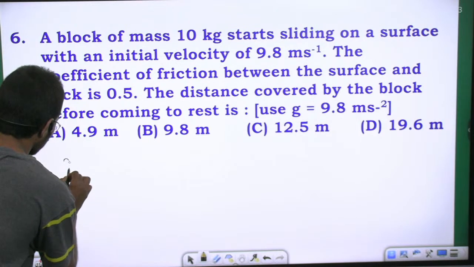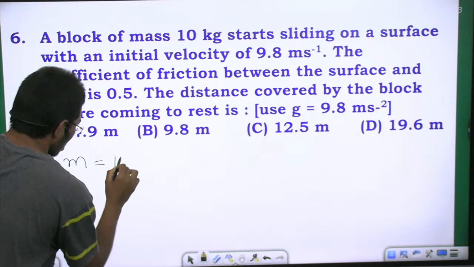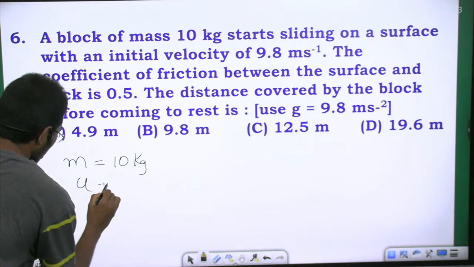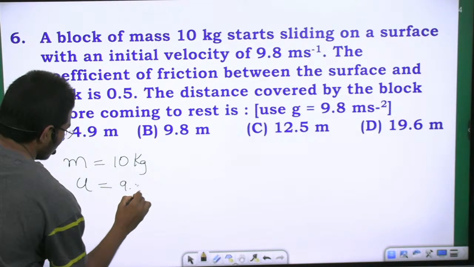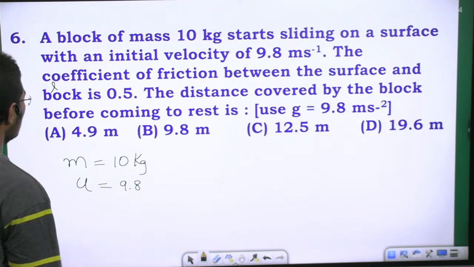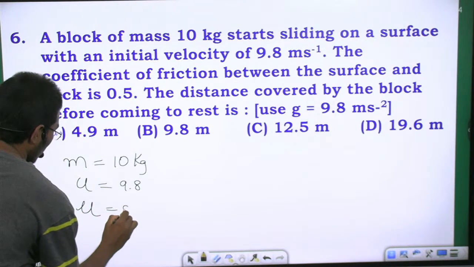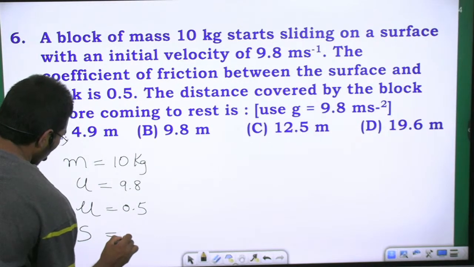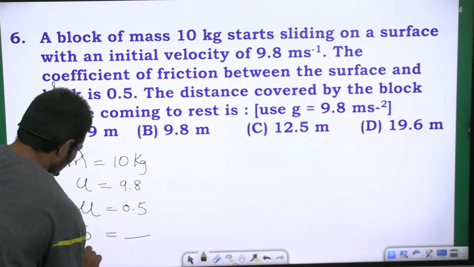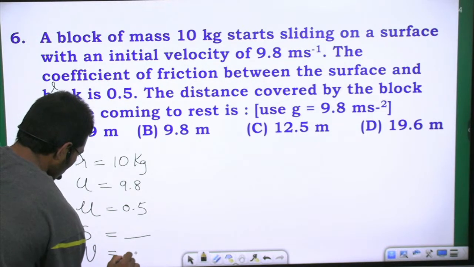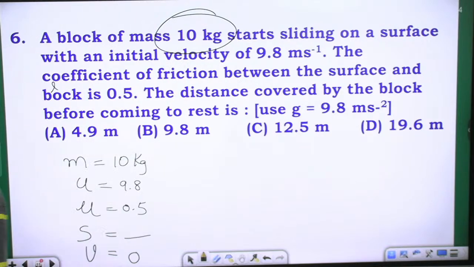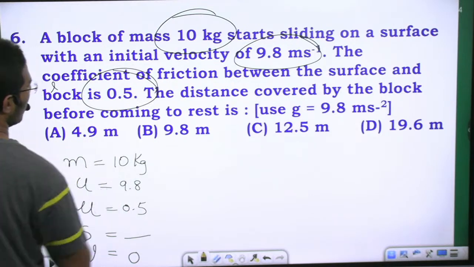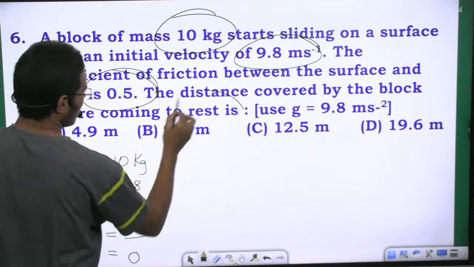Mass is 10 kg, initial velocity u is 9.8, coefficient of friction is 0.5, and the final velocity is 0, since it comes to rest.